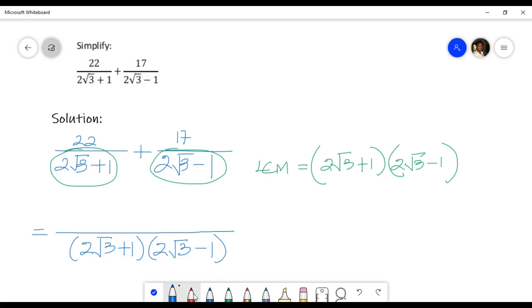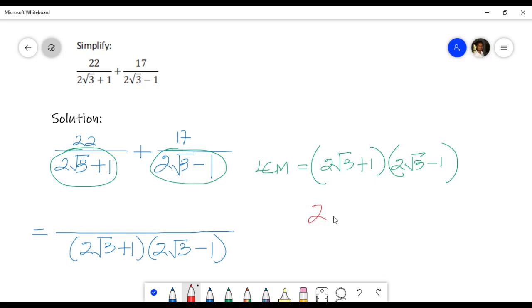Now let me tell you how to solve this. 2 root 3 plus 1 into 2 root 3 minus 1 is equal to the LCM that we have found. Right, I'll repeat again. We have to multiply that set of terms with 2 root 3 minus 1 to get 2 root 3 plus 1 into 2 root 3 minus 1.